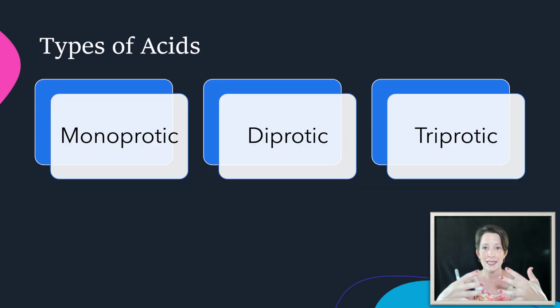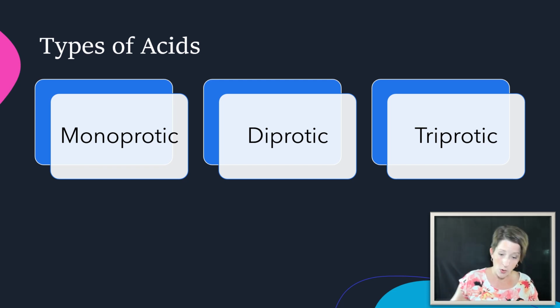Now, looking at this definition of an acid, both Arrhenius and Bronsted-Lowry said that acids have to have a hydrogen to donate. But there are different levels of these acids, and it's based on how many hydrogens are associated with the anion it's bonded to. Monoprotic acids, mono means one, protic means proton.